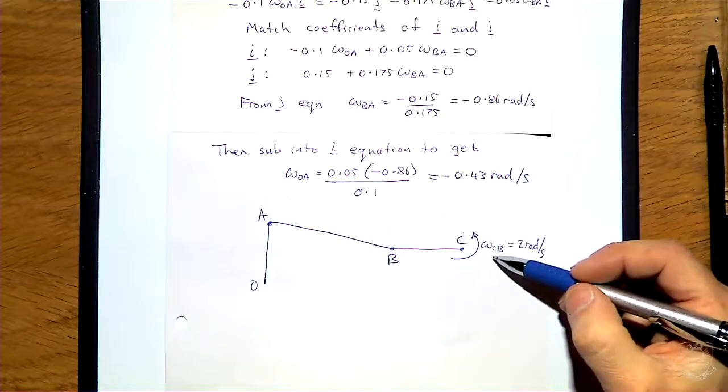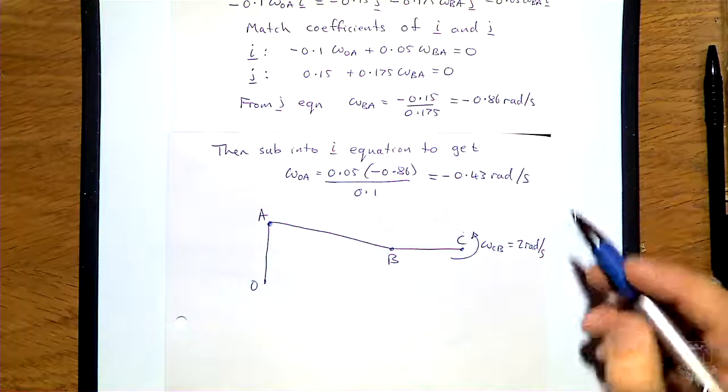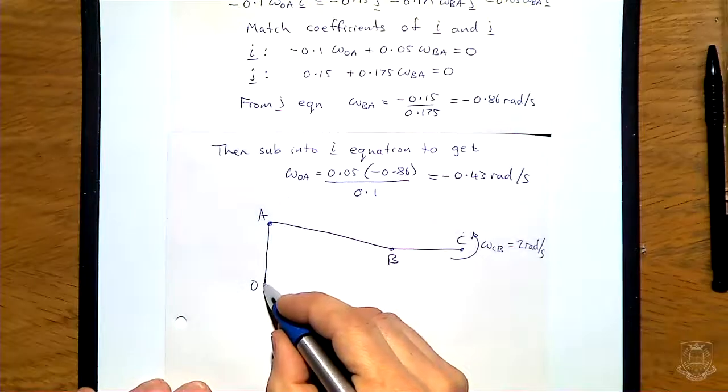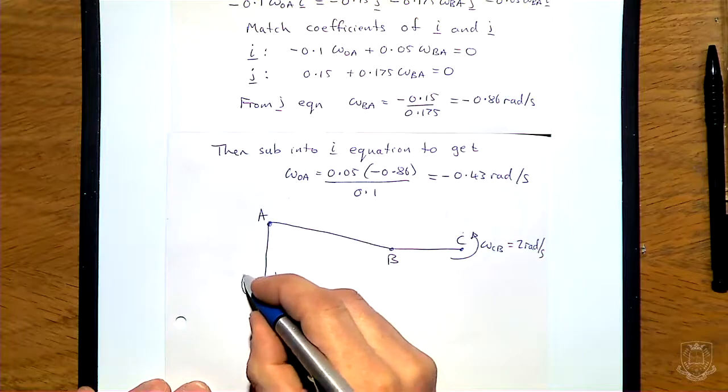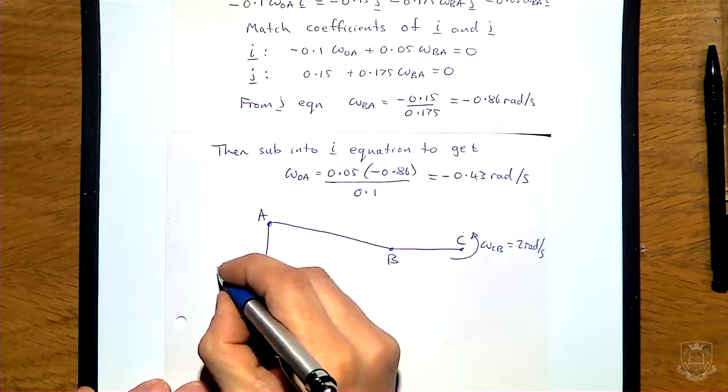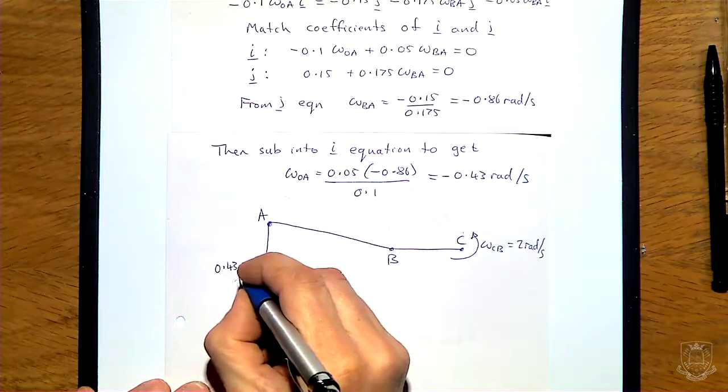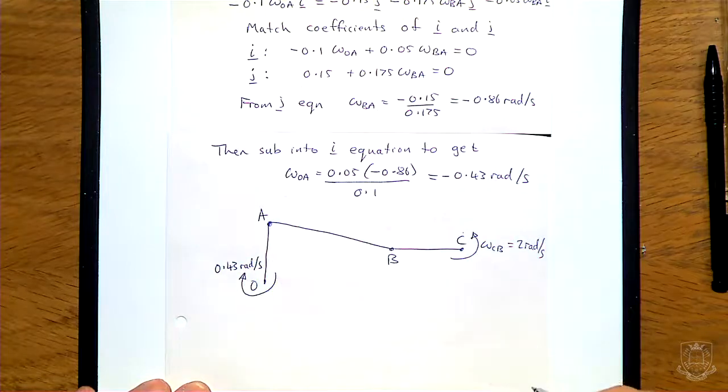So this is a positive rotation. This one that's rotating O to A is going in this other direction, and its magnitude is 0.43 rads a second.